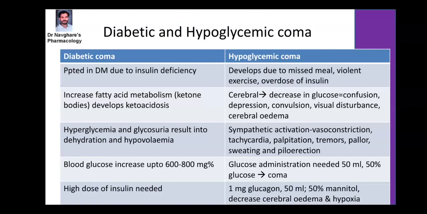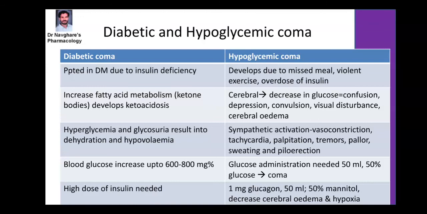So two conditions develop. One is diabetic coma, another is hypoglycemic coma. In both cases, the patient may feel drowsiness and sometimes falls down because of alteration in sugar level. Diabetic coma can be precipitated due to insulin deficiency.